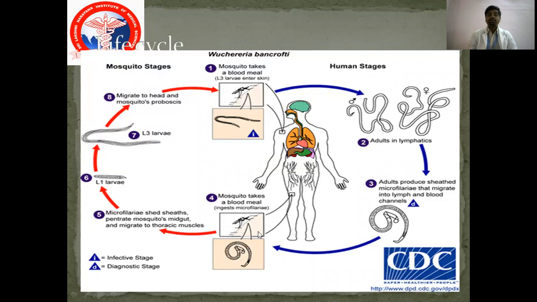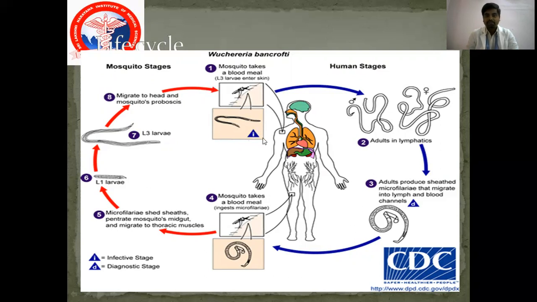In the mosquito, the larva develops there into the L1 larva. That L1 larva further develops into L3, which migrates to the head and the mosquito's proboscis. Proboscis is nothing but a mouth part. After this, the L3 is passed to a new person. This is how the cycle repeats.